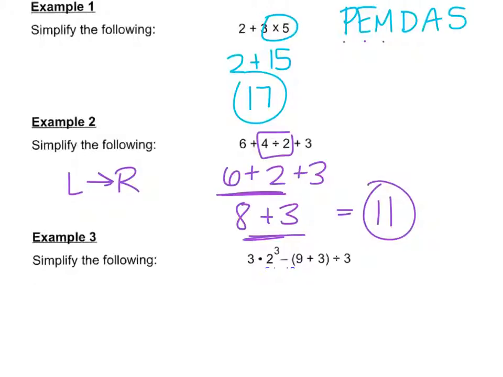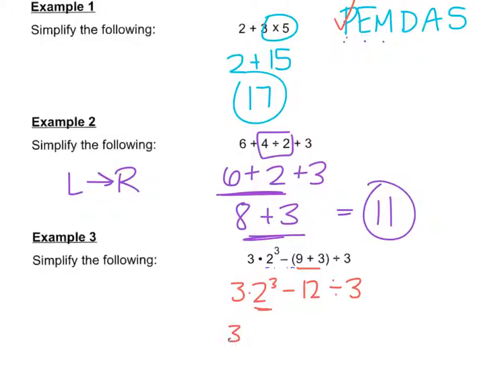And example number 3. We start by asking parentheses. Yes, we do. So 9 plus 3 is 12, and copy the rest. 3 times 2 cubed minus 12 divided by 3. So we took care of our parentheses. Next, do we have exponents? And yes, we do.